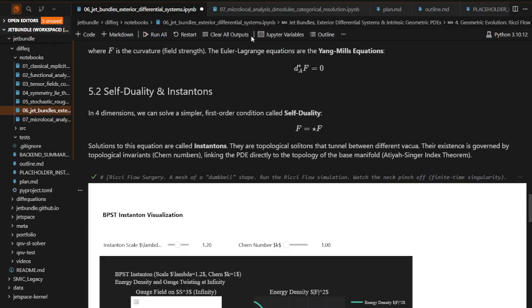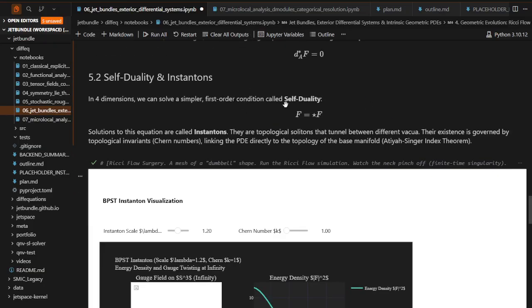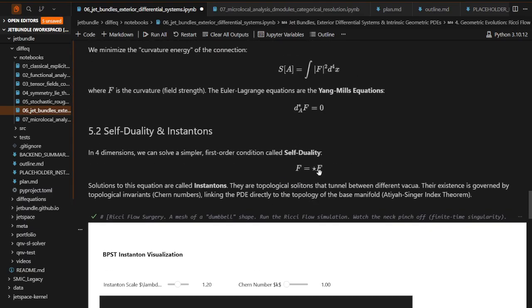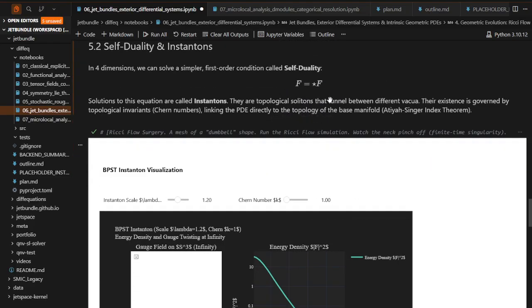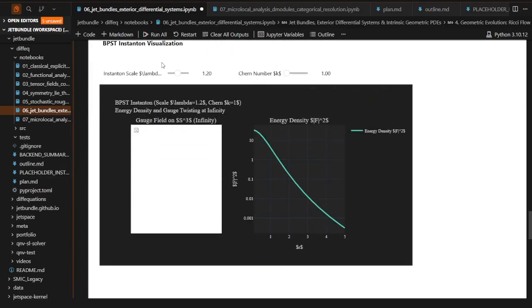The instanton is like this localized energy that will twist at infinity. That's what the idea of self-duality allows us to express: this field strength has this property of self-duality, and the solutions to this equation are the instantons themselves.